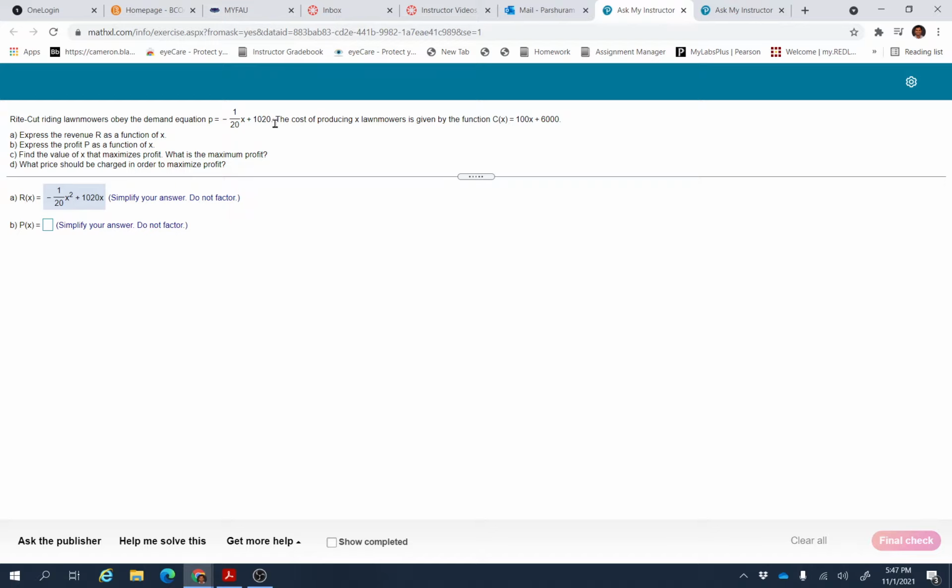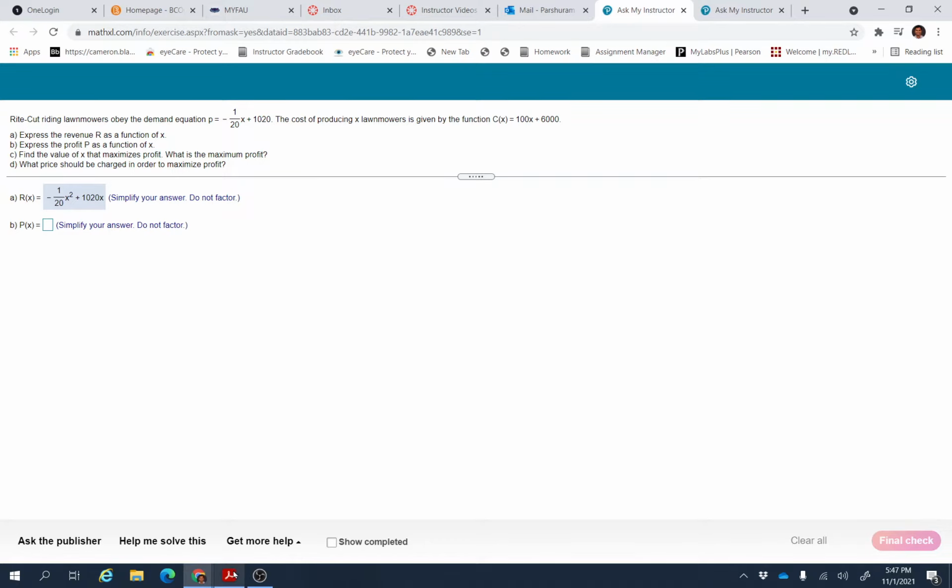This demand equation means this p stands for price, x stands for number of items. If you produce x many items, then the price of that item would be determined by this equation.